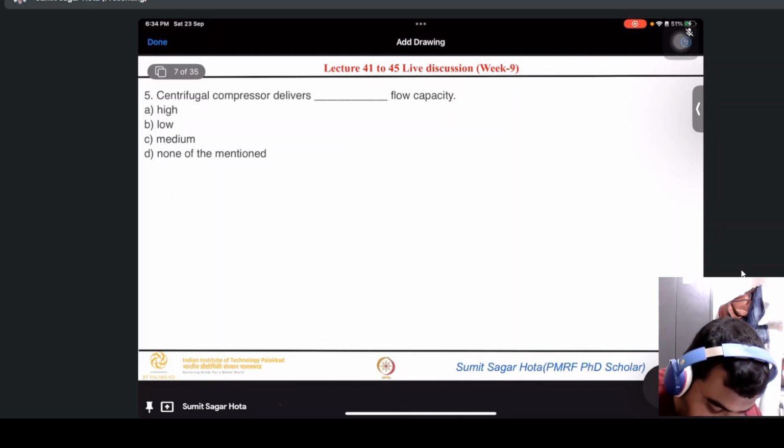The centrifugal compressor delivers dash flow capacity. The flow capacity of the centrifugal compressor is always very low.